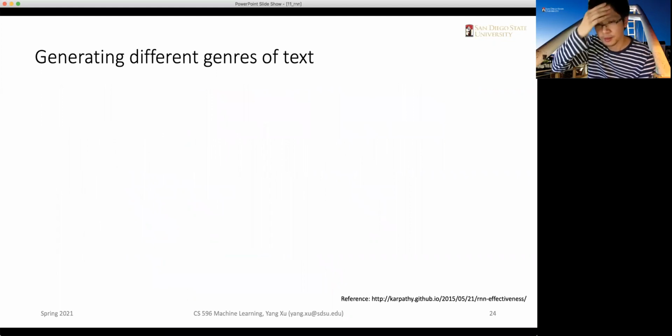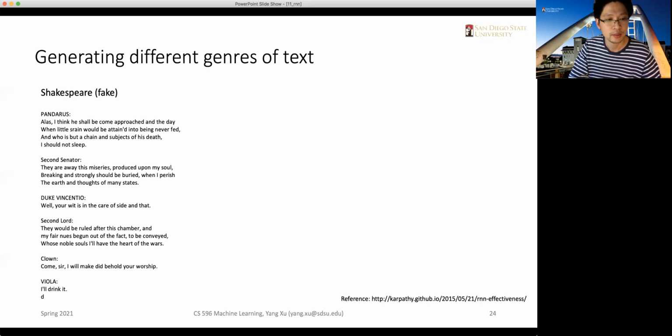In this post, which is actually a famous post that explains the mechanisms of recurrent neural networks, we can use such a recurrent neural network-based architecture to generate different genres of text. The text on the left is the result of first training a language model, and then making the model generate from scratch.